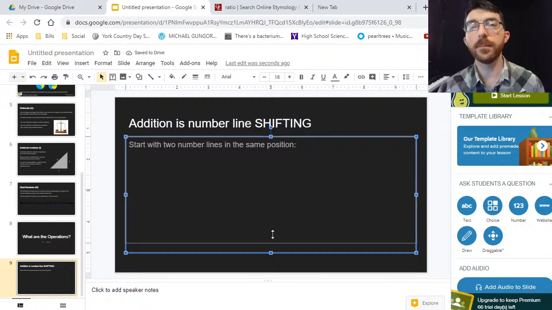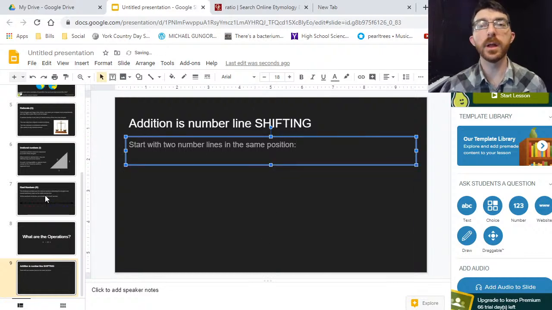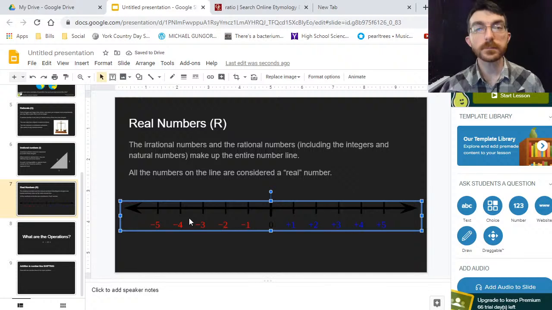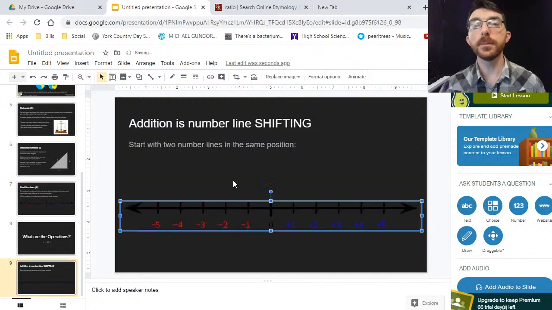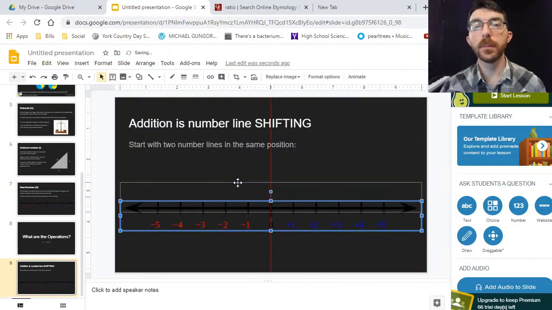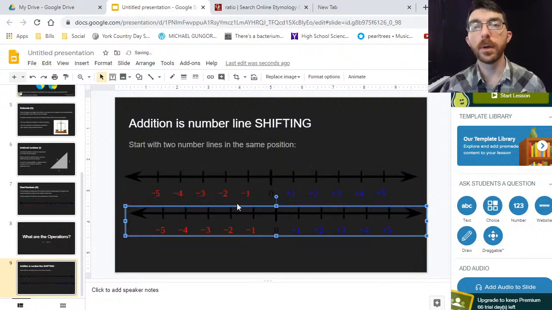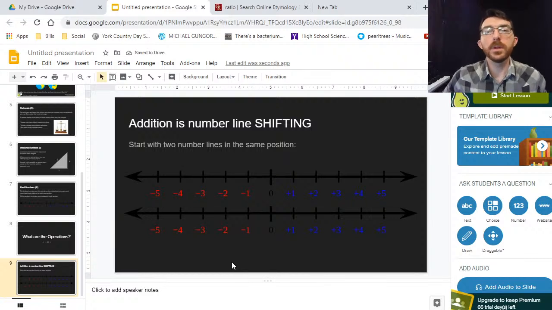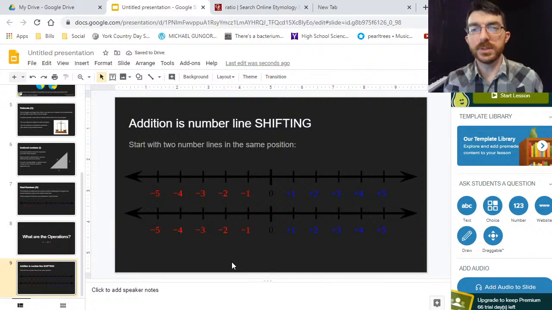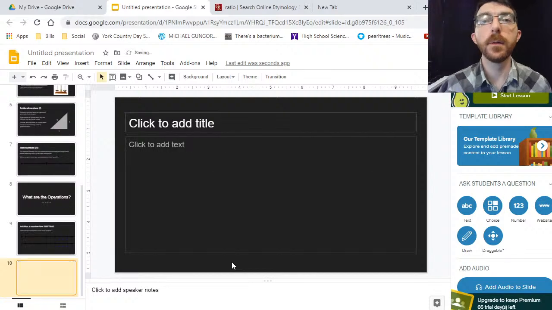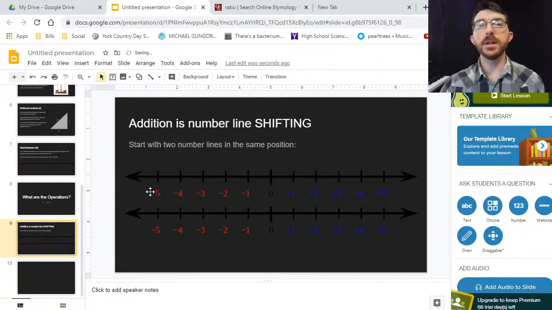Copy paste time. Just going to keep using this number line from before. Here we go. Okay, 2 number lines in the same position. I guess I should label them.